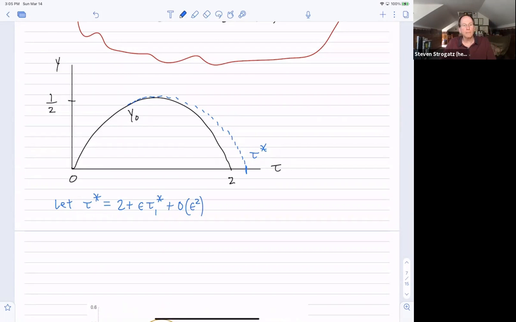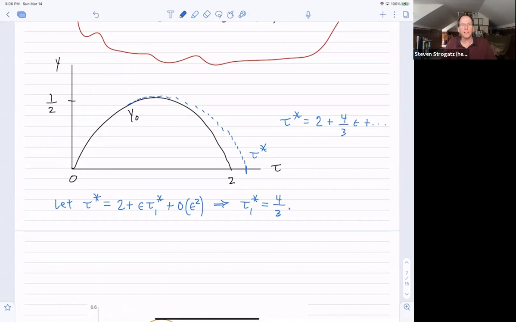If you plug that in and do the same shenanigans with equating like powers of epsilon, I'll skip the algebra here because we did that kind of thing last time. You'll find that tau 1 star comes out to be 4/3. So our prediction from perturbation theory is that tau star should be 2 plus 4/3 epsilon plus higher order junk.